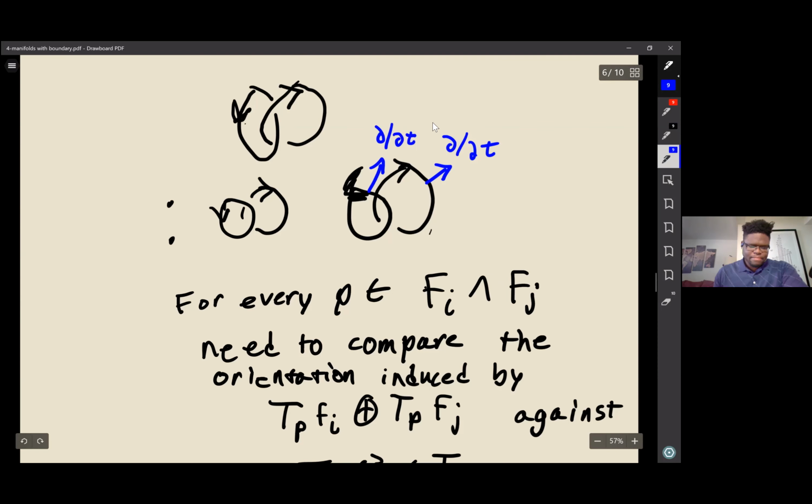Well, they're tangent to the surface, but pointing not in the level S^3 direction, but positively into the time direction.